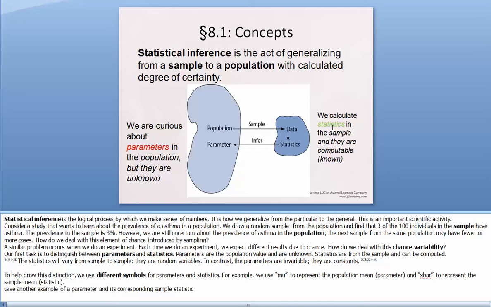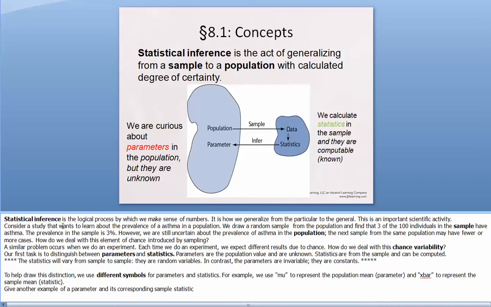So statistics means we know, and parameters we do not know, and that is why I have red for parameters. Okay, all right. Since this idea is very important, I'm going to go line by line under these notes, and let's go over this together.